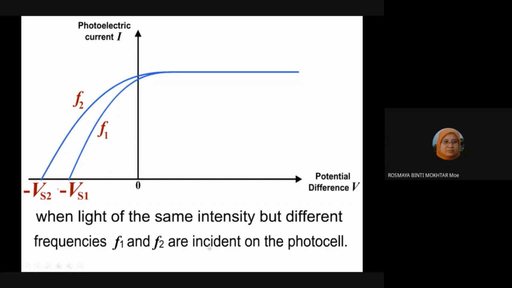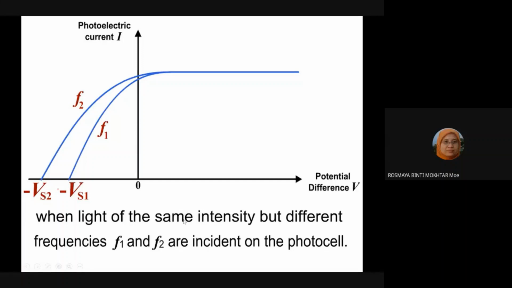If the light we use has the same intensity but different wavelength, different wavelength means different frequency. Let's say we use UV light and green light with the same intensity, the same metal, but different frequency.